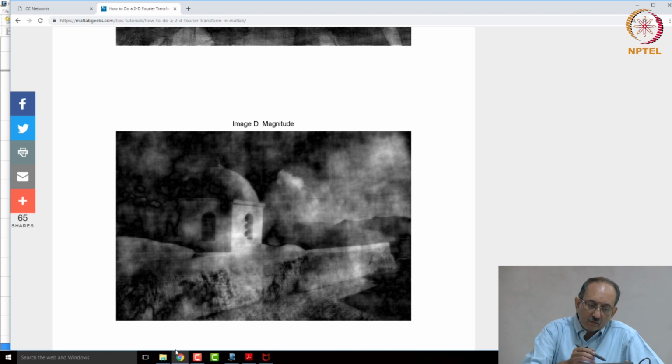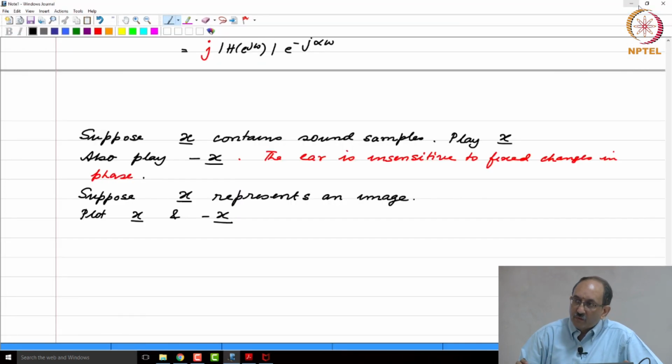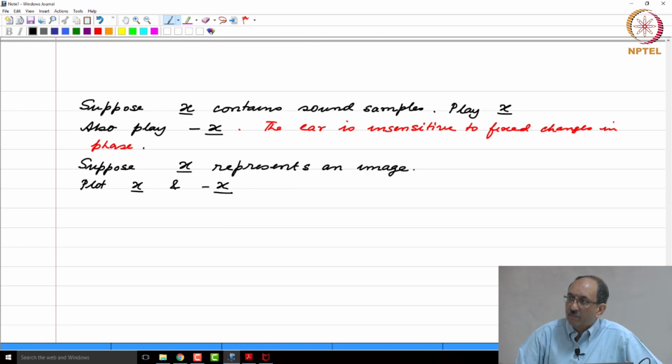And this is one of the reasons why in image processing we will always work with linear phase filters, because you want to preserve wave shape, and nonlinear phase will cause significant distortions which your eye can perceive.